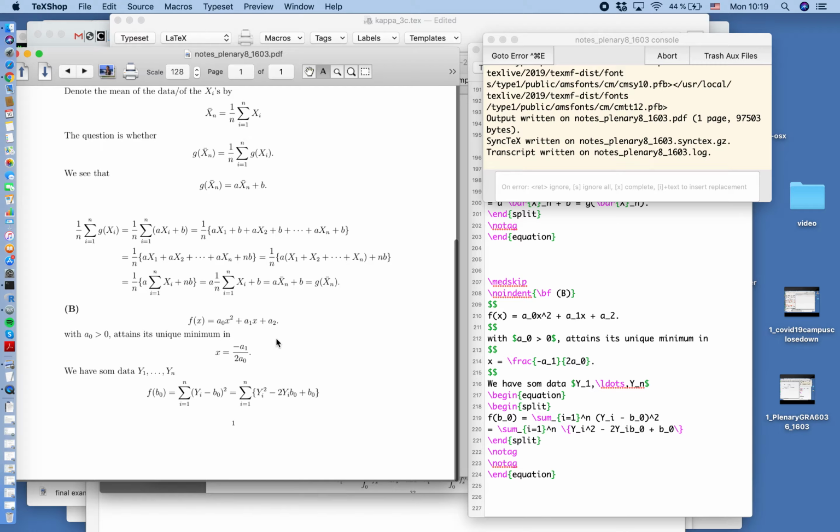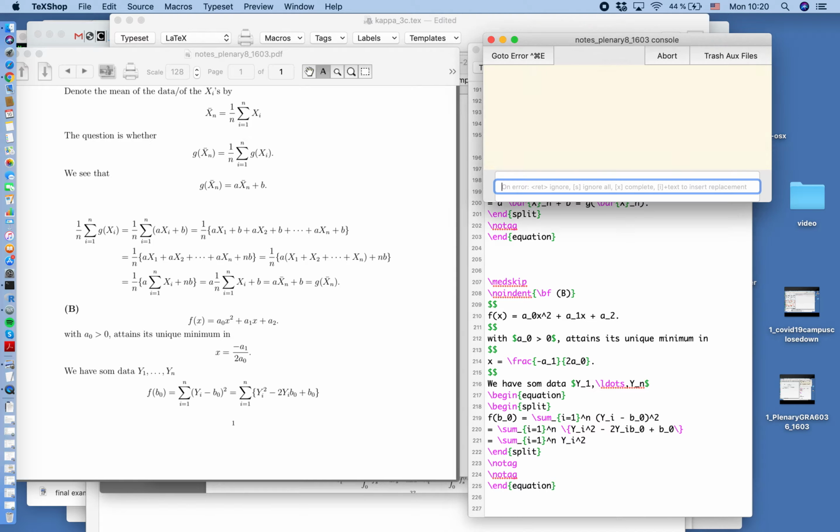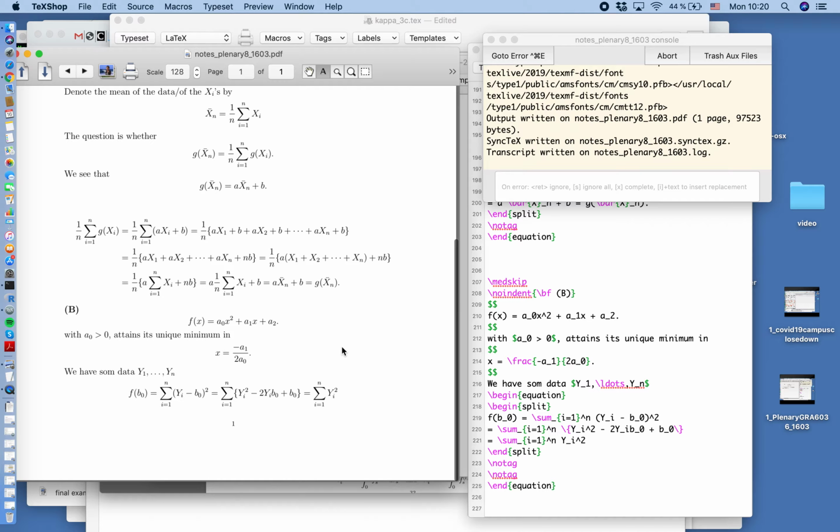You can see what I've done here. We still have the sum outside. Now we take the sum inside the parentheses. For the first term there was not really that much to do; the first term is the sum of the yi squared.